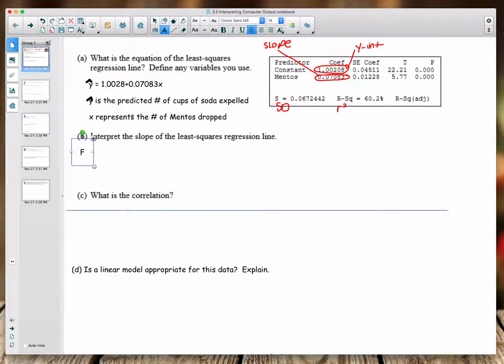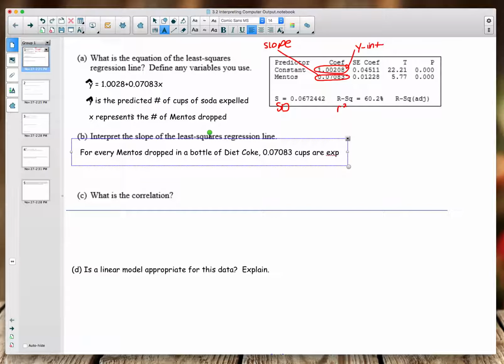So in this case, we would say for every Mentos dropped in a bottle of Diet Coke, 0.07083 cups are expelled.